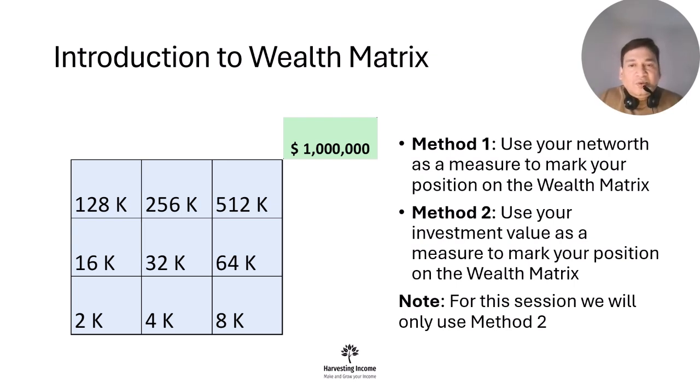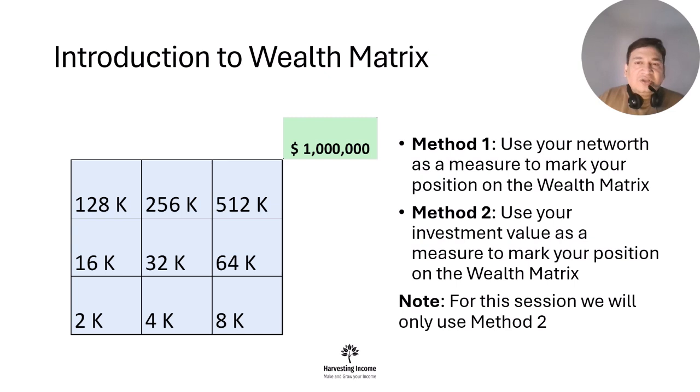Method two is slightly different. Instead of net worth, I am using investment value. In method one, I was using net worth, which means your total assets minus your total liabilities, what you own minus what you owe. But in the second one, we are using just your investment value so that you don't have to do the math every day to find out what your assets and liabilities are. That would be complex.